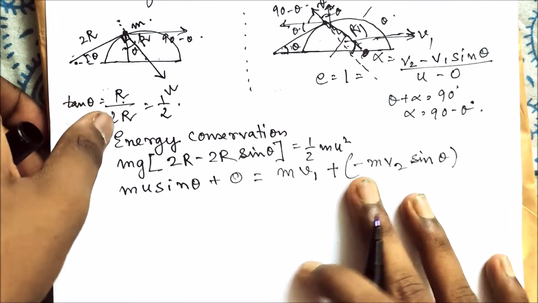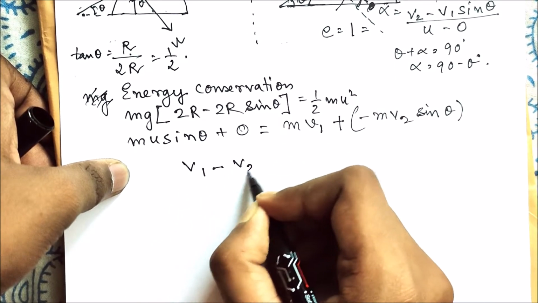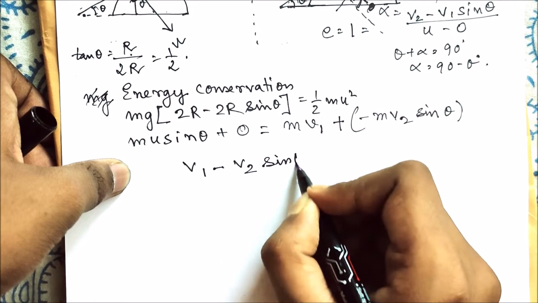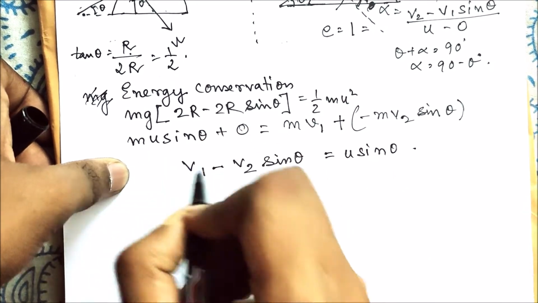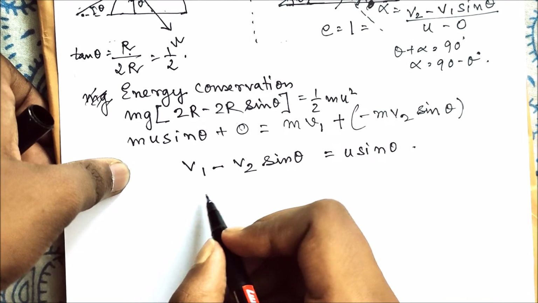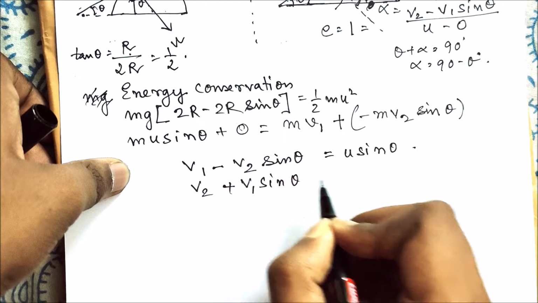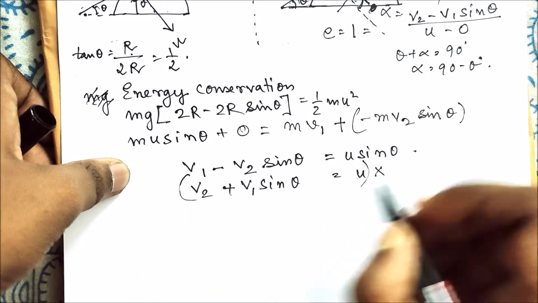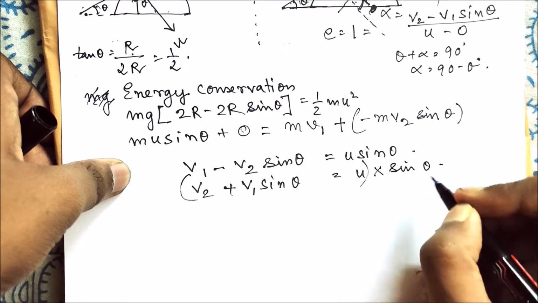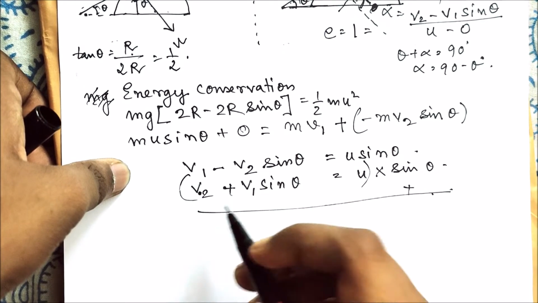Now let's solve this. v1 minus v2 sine theta is equal to u sine theta, I am just rearranging this equation. Another one we got: v2 plus v1 sine theta is equal to u. If you multiply this by sine theta and add them, v2 sine theta gets cancelled.